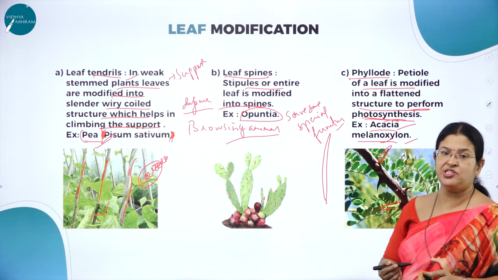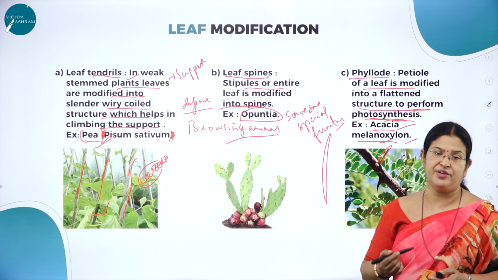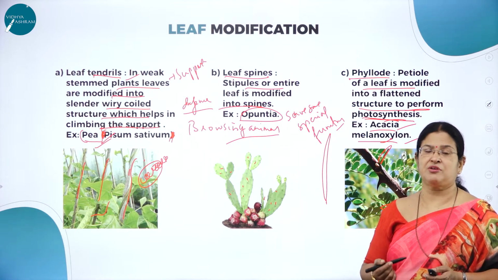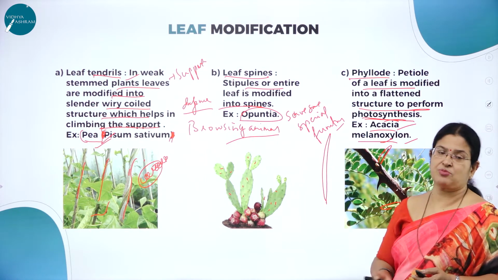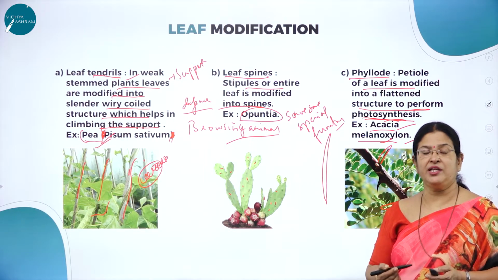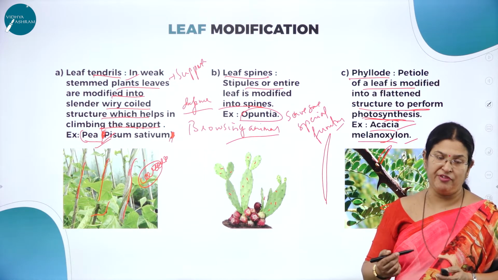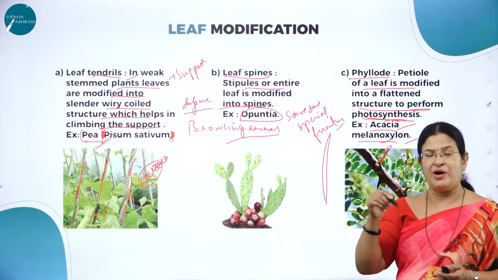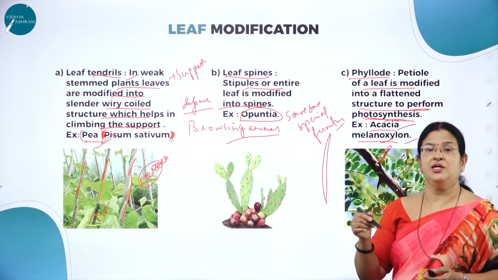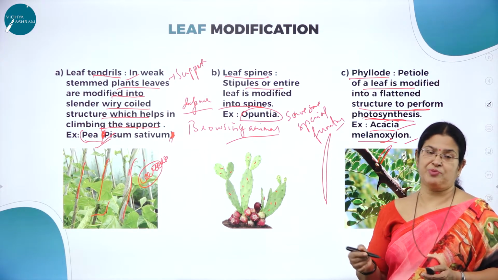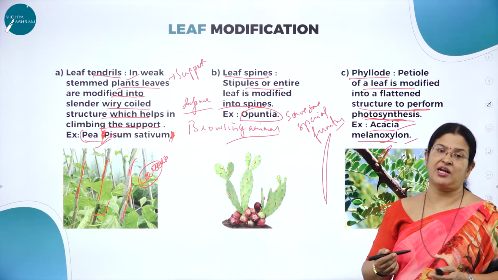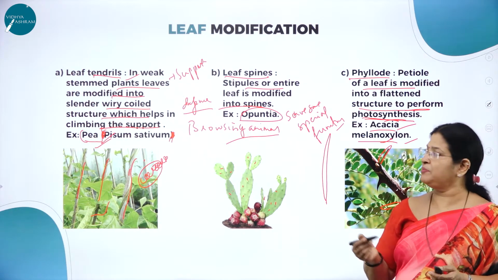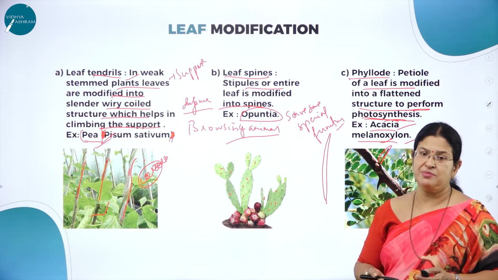So leaf modification, as I said, why does a leaf get itself modified to serve some special functions? It gets modified into tendrils, particularly in case of plants which have a weak stem, so they form a wiry, coil-like structure for climbing, and it takes the support of the other plants to get sufficient sunlight for photosynthesis. Example, Pisum sativum.